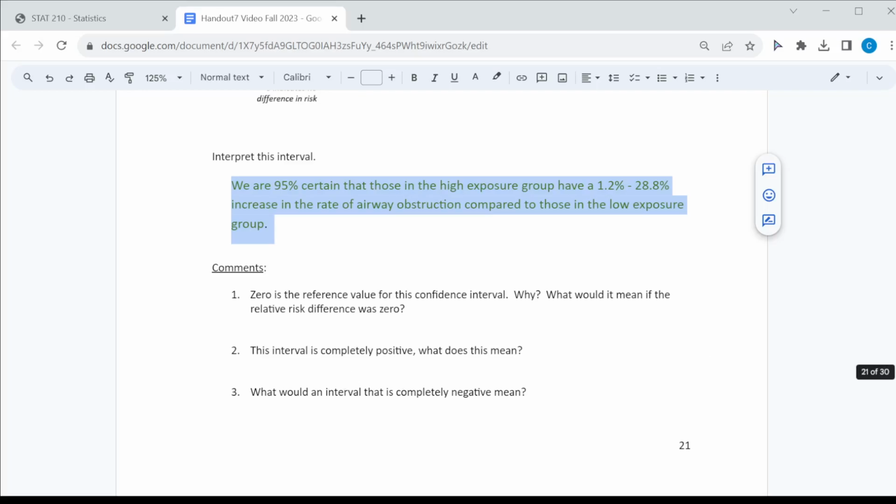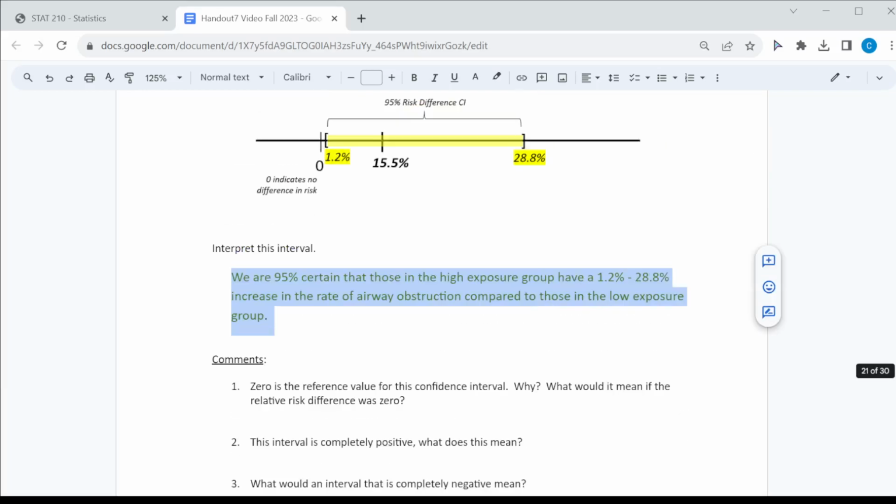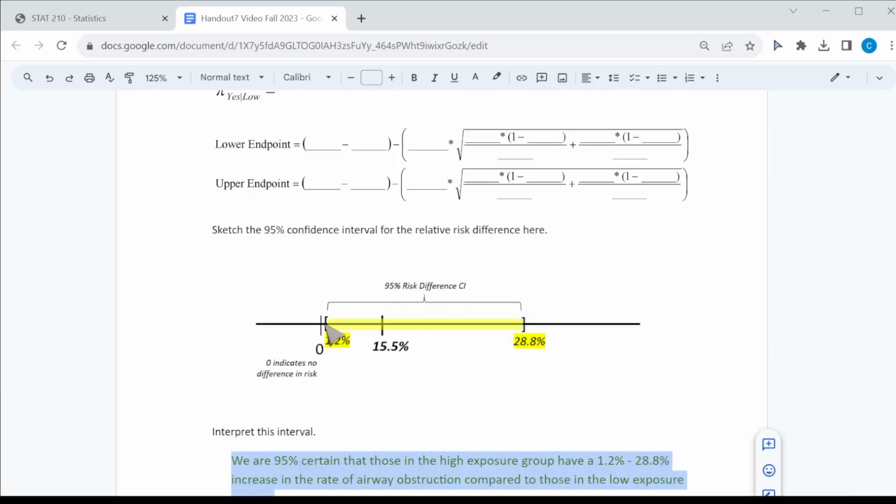So this interval is completely positive. It does not go down into the negative region or doesn't reach 0. So I can say for certain, I'm 95% certain, that the risk for those in the high exposure group is going to be higher because this interval never reaches below 0.